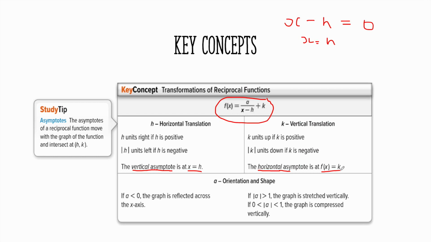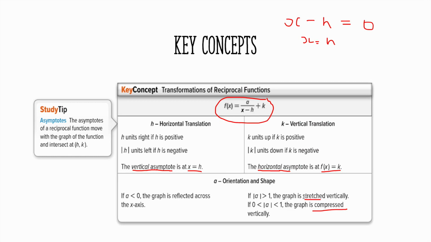Right, now we spoke about h, we spoke about k. Let's talk about A. What does A do? A shows us our stretch and compression. So if A is bigger than 1, so we have 2, 3, 4, 5 going up, then we'll say our graph stretched.